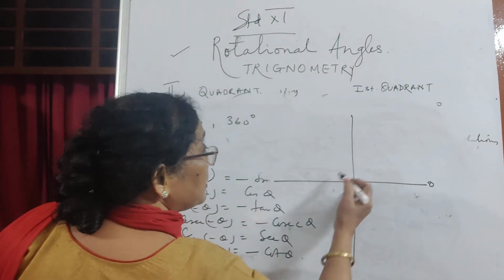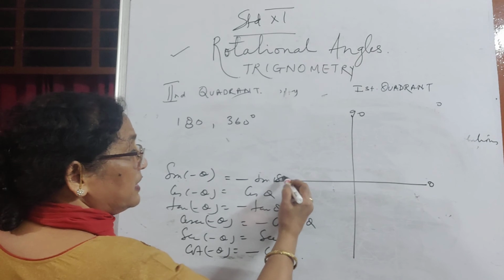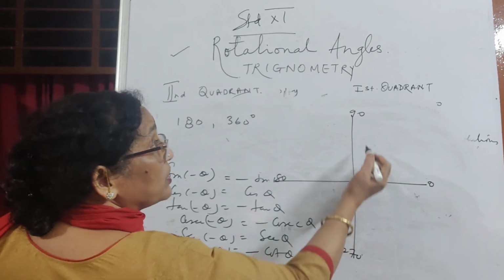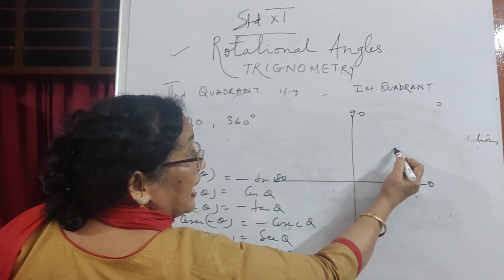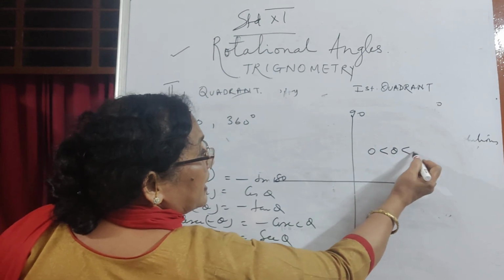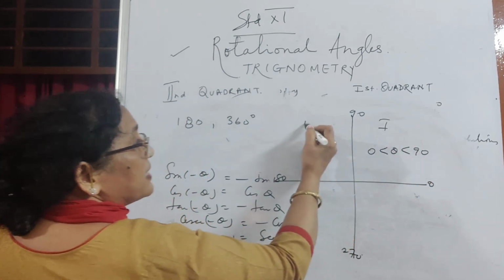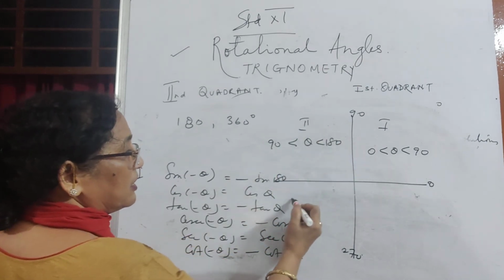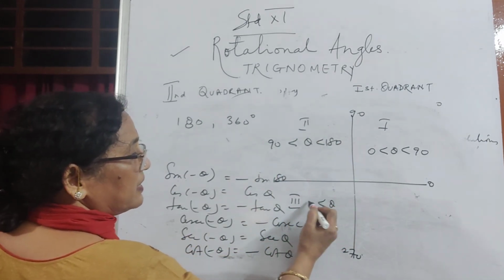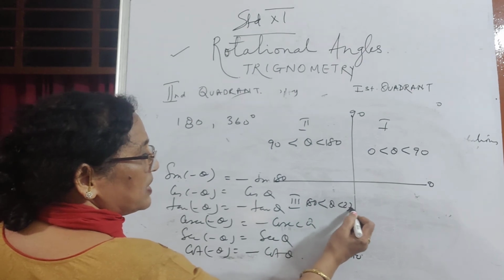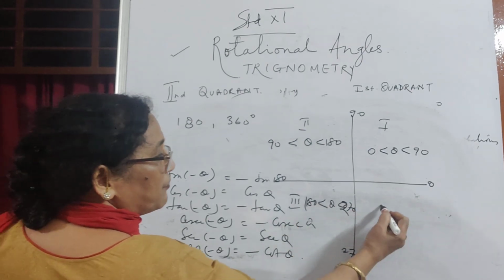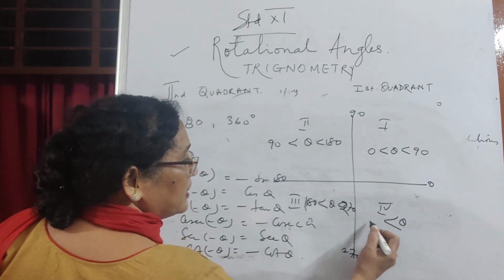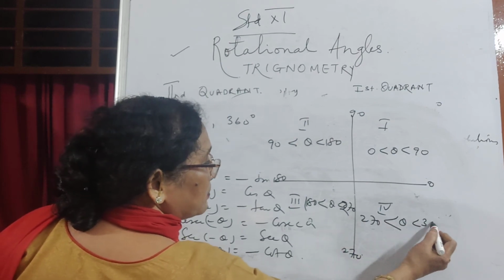This is x, 0, 90, 180, 270. Any angle between 0 and 90 is the first quadrant; second quadrant, the angle is greater than 90, less than 180; third quadrant, greater than 180, less than 270; and fourth quadrant, greater than 270, less than 360.